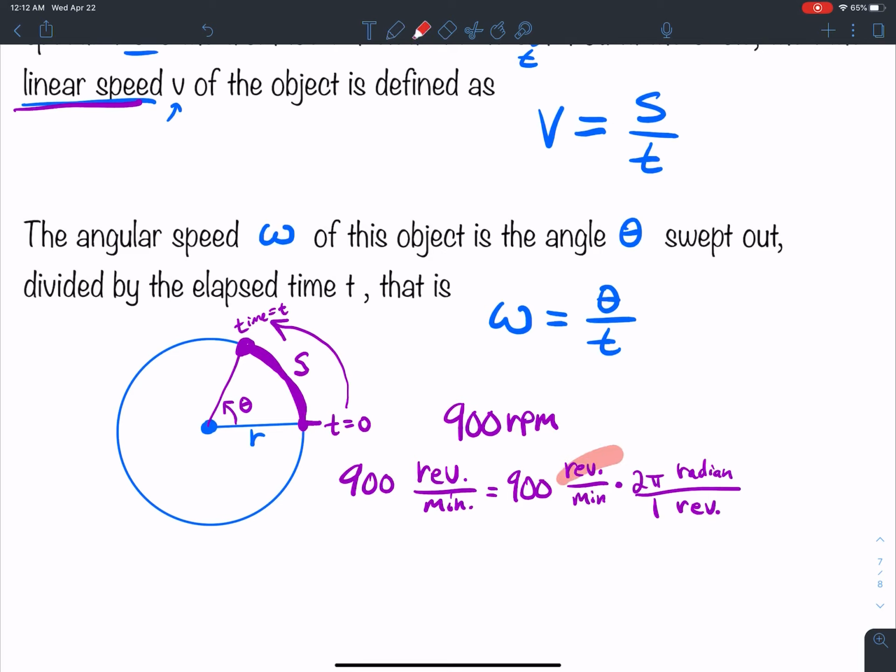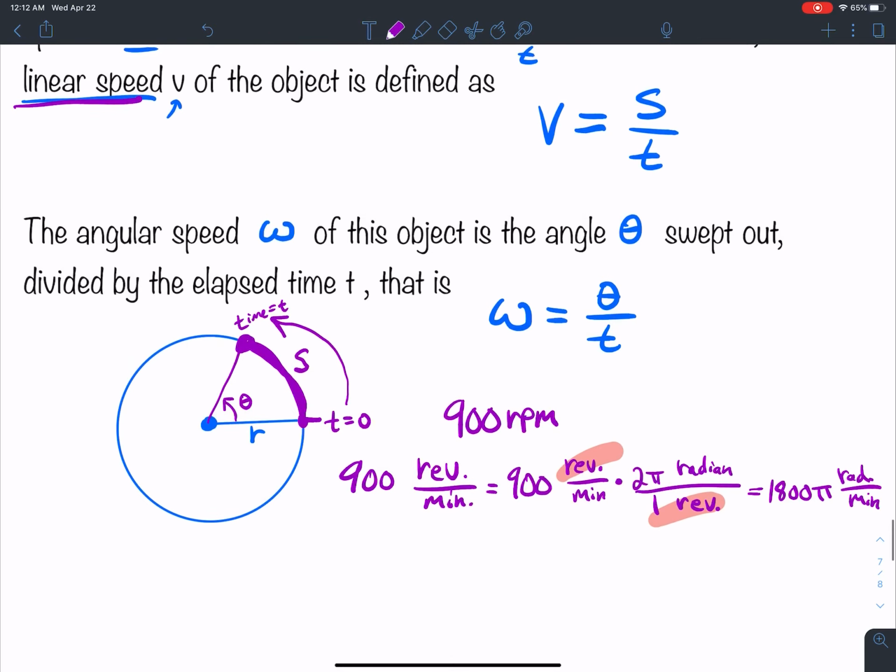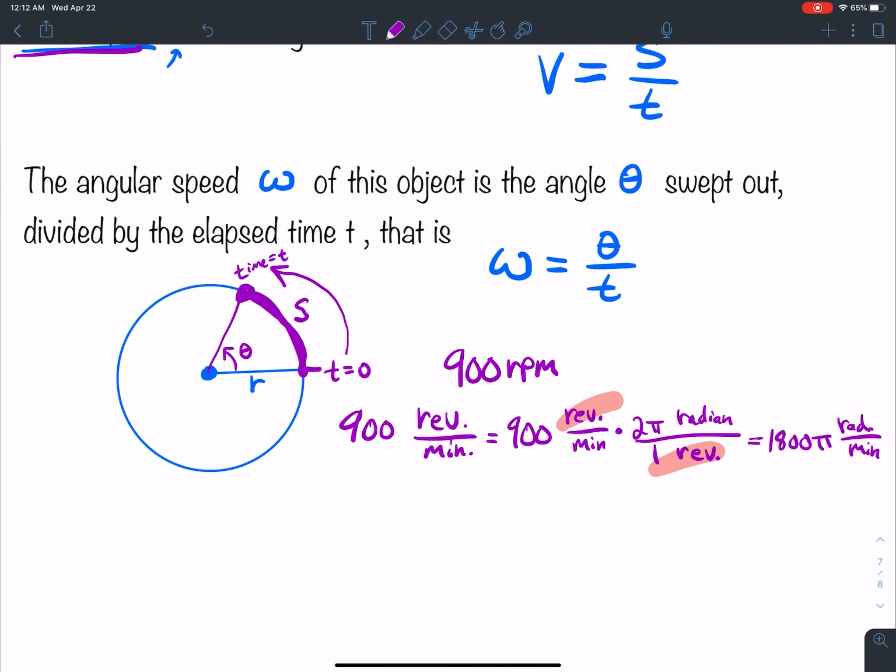So the revolutions cancel, and what do I get? I get 1800 pi radians per minute.